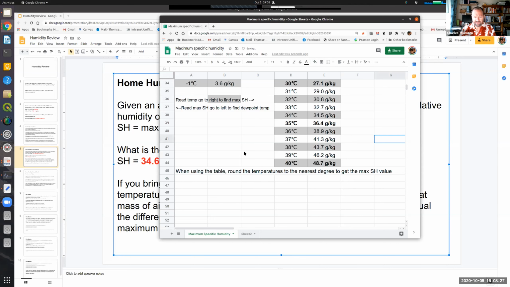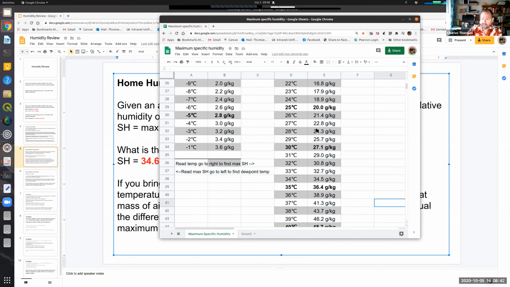Okay, so if I told you that you've got 48.7 grams per kilogram, you know the dew point is 40. So if you've got the maximum specific humidity chart, you've got the dew point chart. It works both ways. At 25 Celsius, the maximum specific humidity is 20 grams.